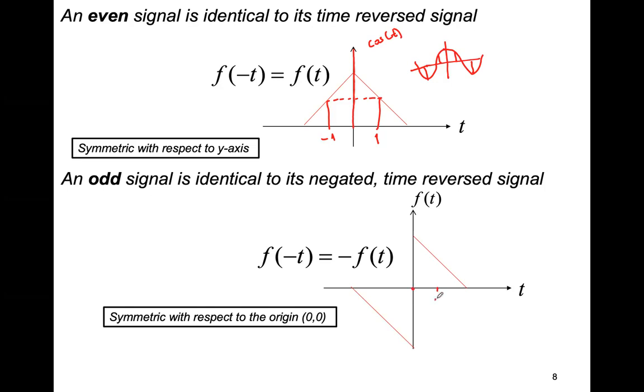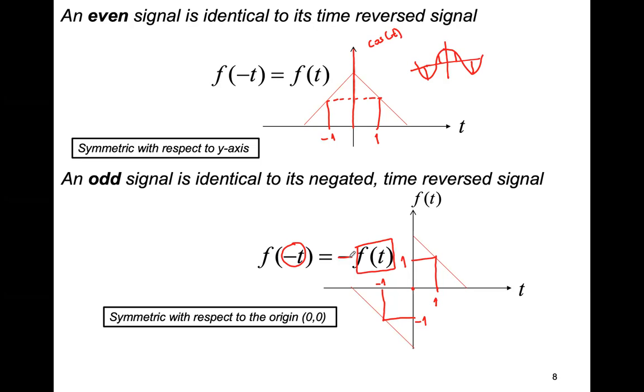So if this is 1, let's say this is 1 volt, at minus 1 second, it should be minus 1 volt, okay? So this is critical for odd signals. If the time is negated, if we take the negative of the time, the value of the function is going to be negated also.